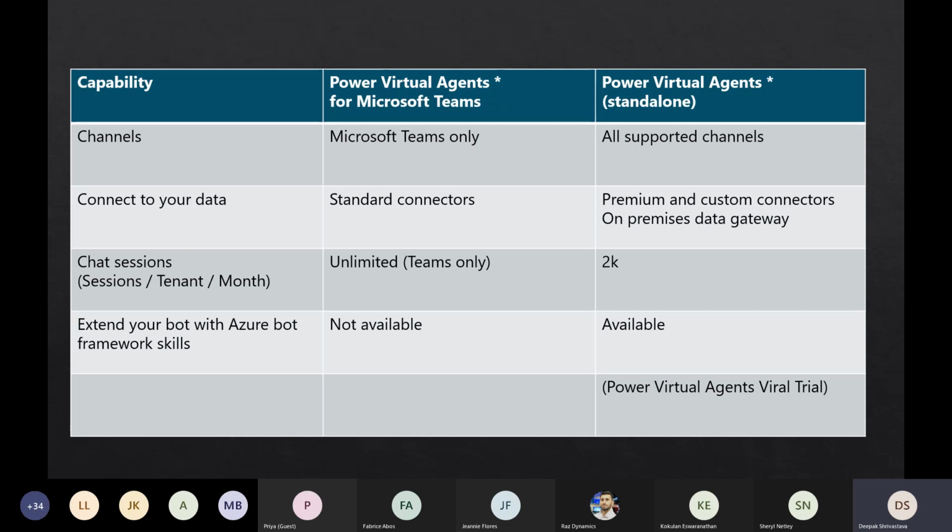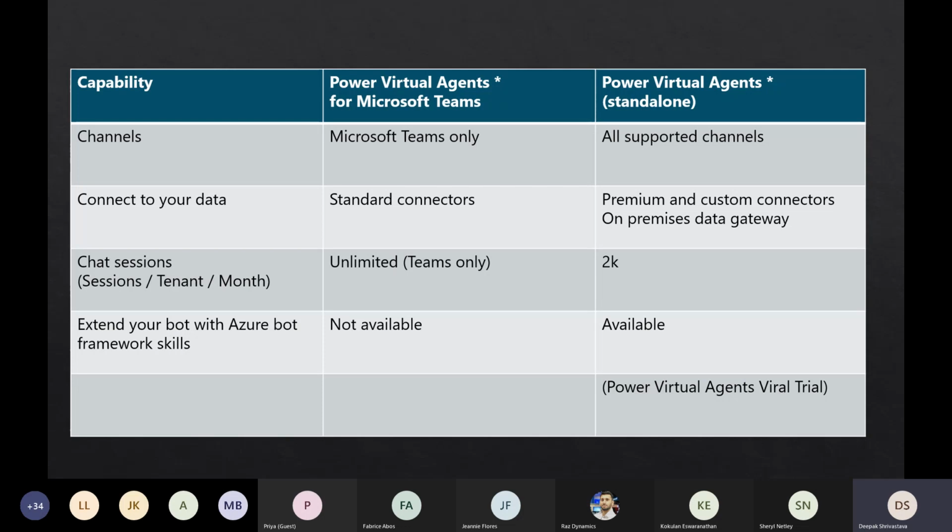Okay, so the pricing or subscription of Power Virtual Agent works in two ways. As I said, if you are working in the Microsoft Teams scope, then you have a different pricing. And if you are working with standalone Power Virtual Agent, the pricing is going to be different. So let's talk about it one by one. First, the capabilities under channels.